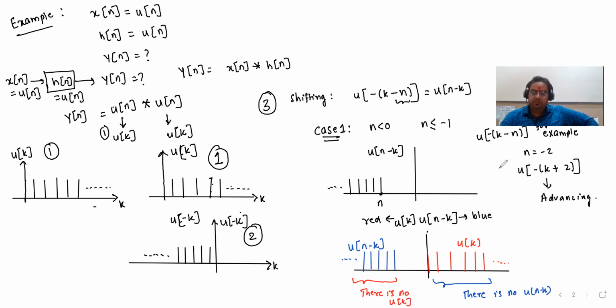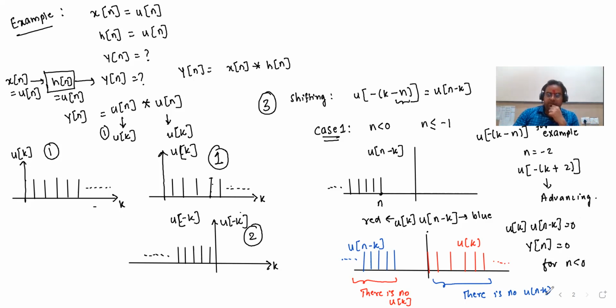So this multiplication becomes equal to 0. U of k and u of n minus k becomes equal to 0. So that will be essentially the value of y of n will be equal to 0 for n less than 0. Okay, that was the first case.